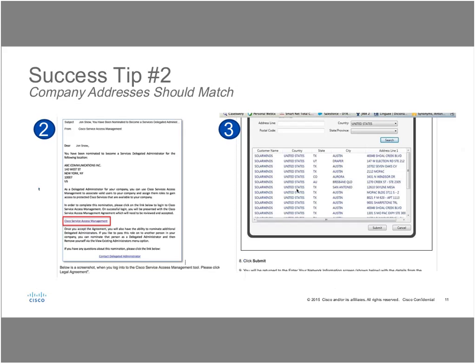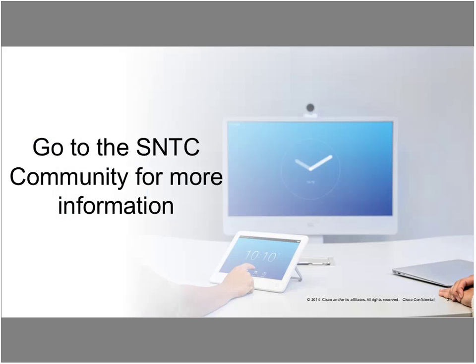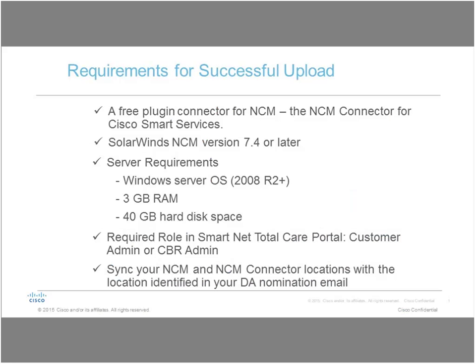So given that, like I said, I am going to spend a minute or 2 more going through some things that are actually in the community itself. So one is that there are a couple of requirements for a successful upload. As Dean mentioned, there's actually 2 pieces that need to be installed on the NCM side, and that is the NCM itself plus the NCM connector, which actually communicates between the NCM and Cisco.